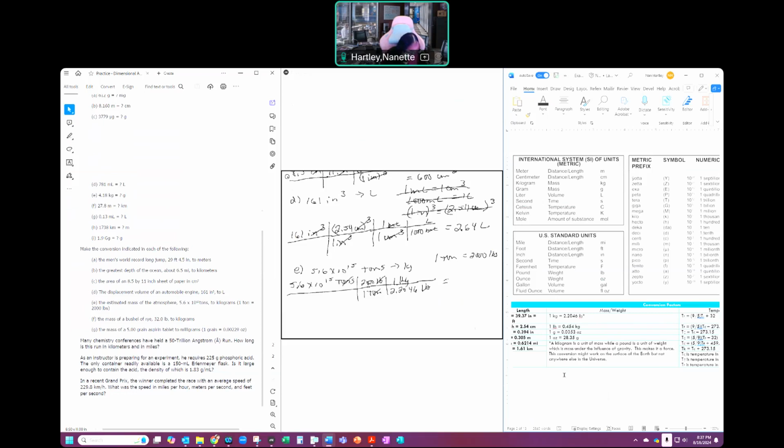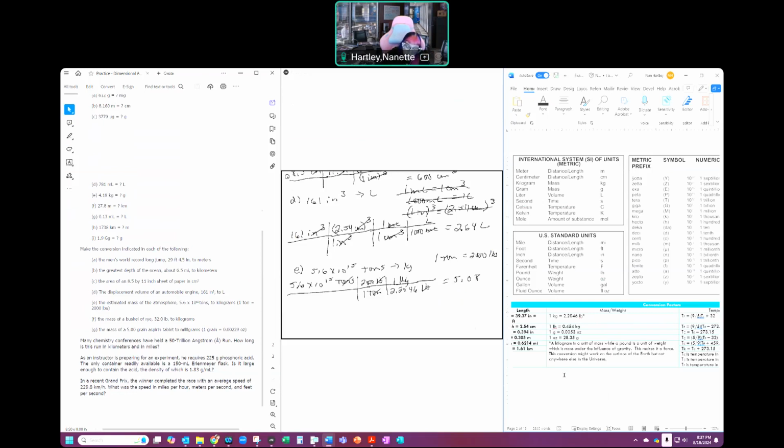So I'm going to take my 5.6, second EE 15, and multiply that by 2,000. And then I divide that by 2.2046. And that gives me 5.08. And I need 2 sig figs.